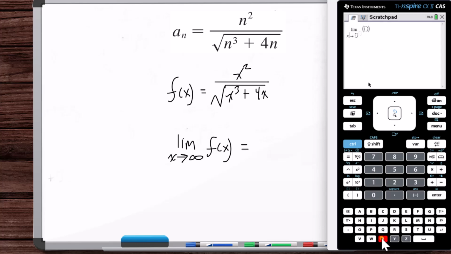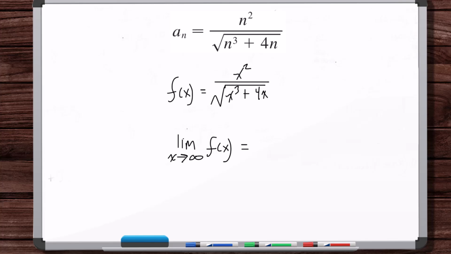The limit as x goes to infinity of x squared divided by the square root of x cubed plus 4 times x is infinity.